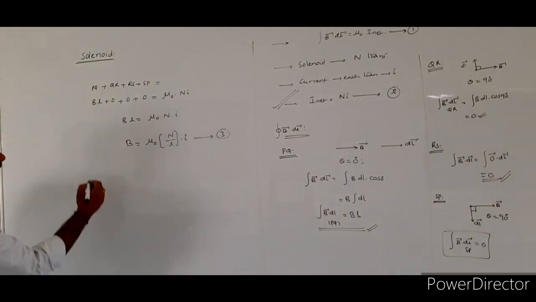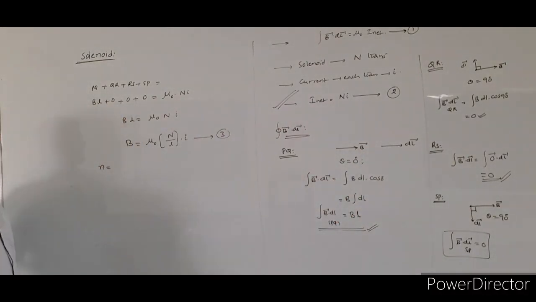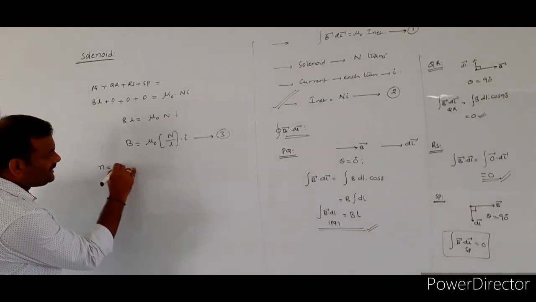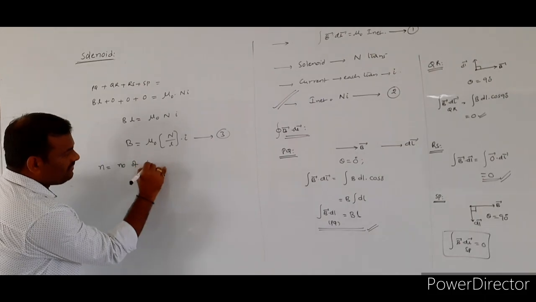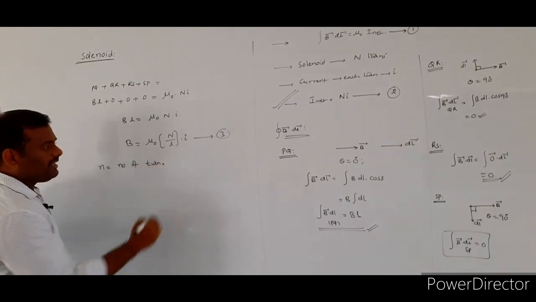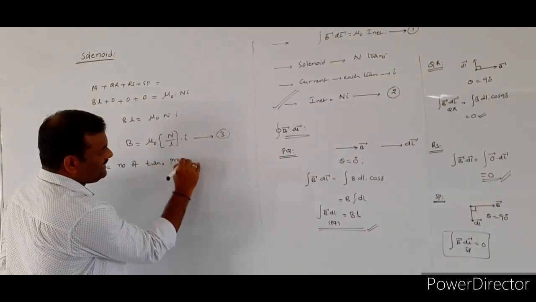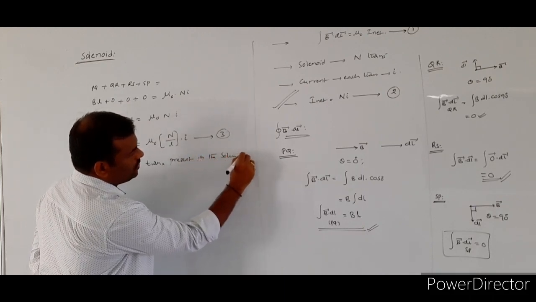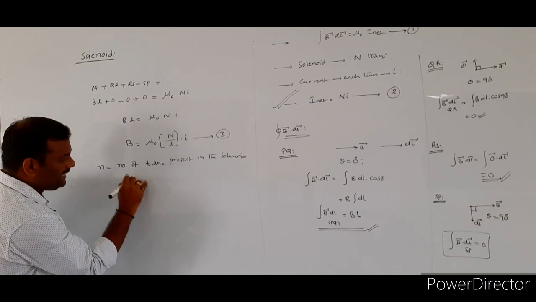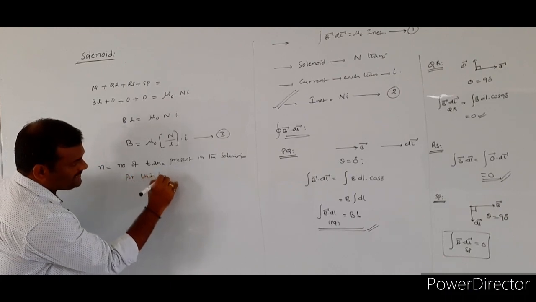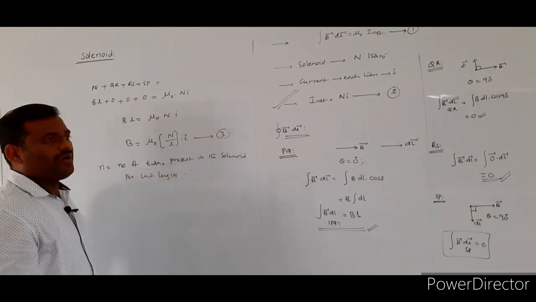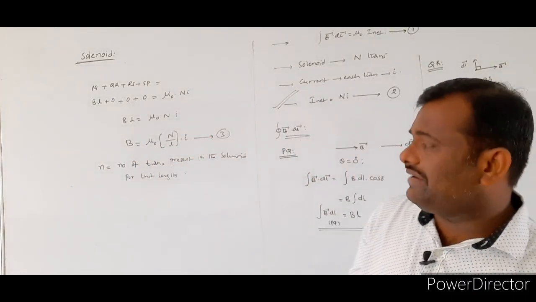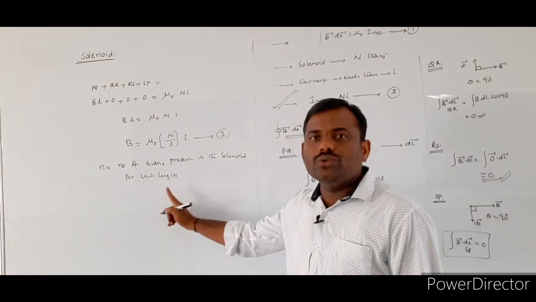Here we are going to define one more term, small n. Small n is indicating the number of turns present in the given solenoid per unit length.